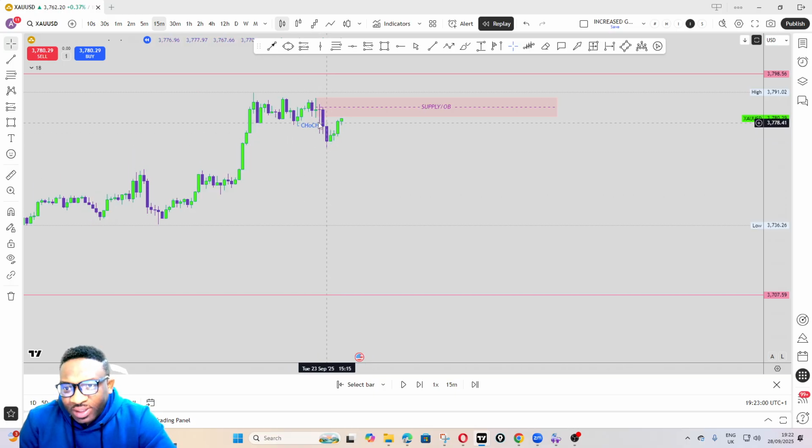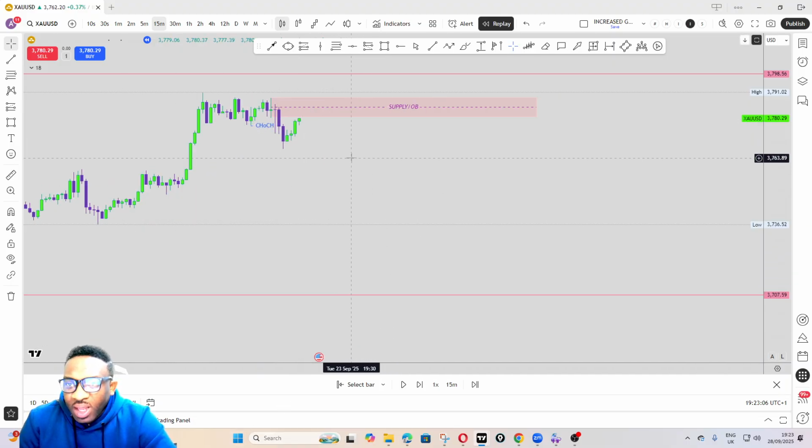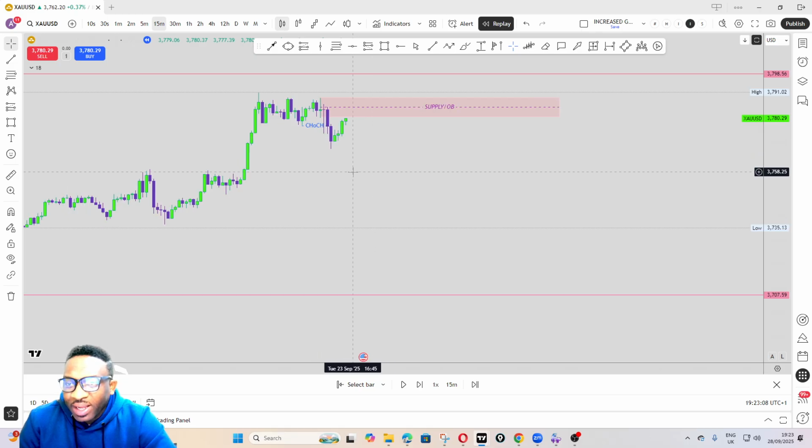But whatever the case is, we have a break of structure here. So let's see how this plays out. In a scenario like this, the imbalance is what most of the time will attract price to come back to the zone.